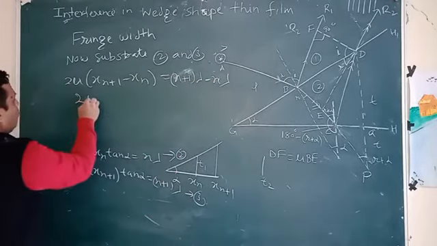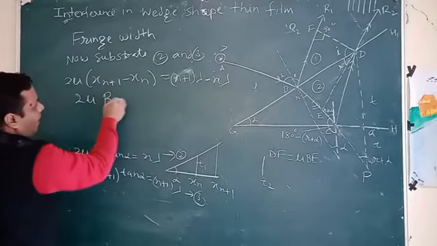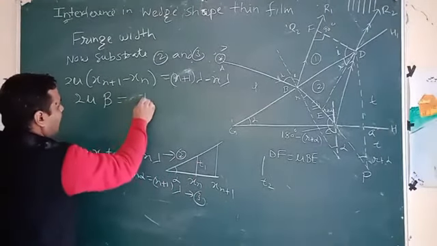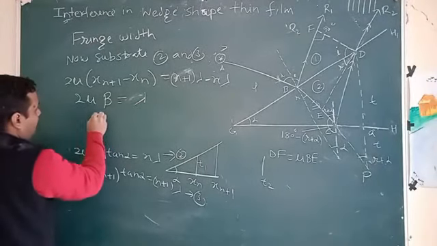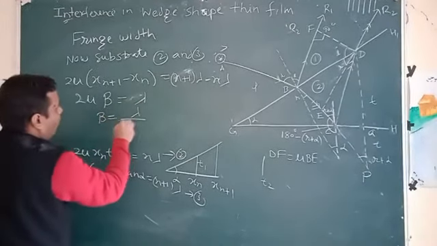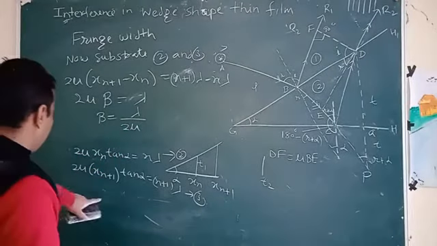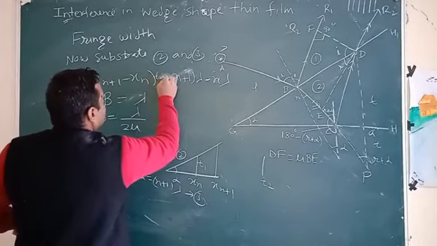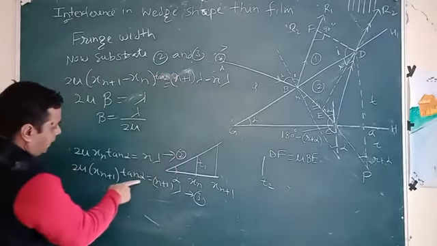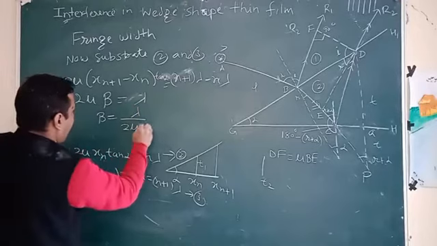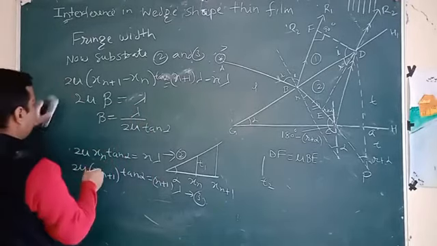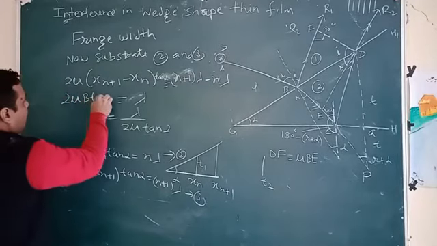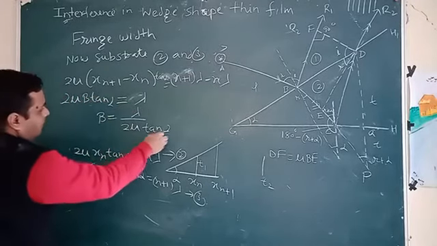So this is 2 mu beta tan alpha equal to lambda, where beta is the fringe width between two rays, and beta is lambda upon 2 mu tan alpha.